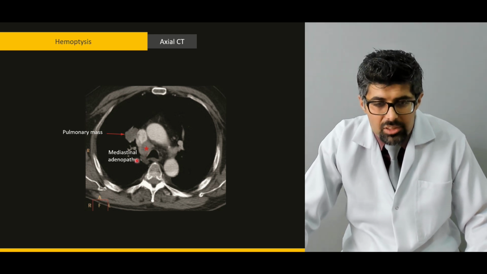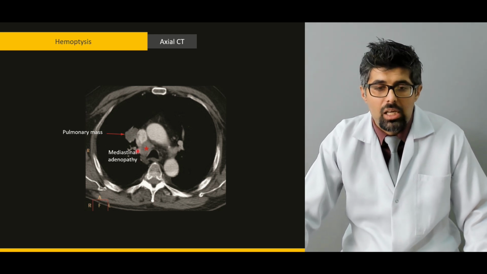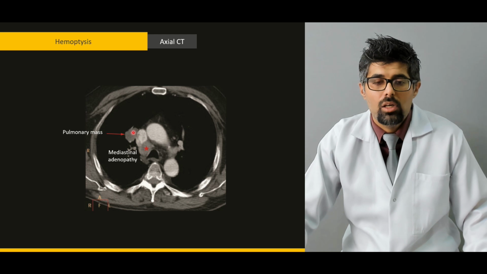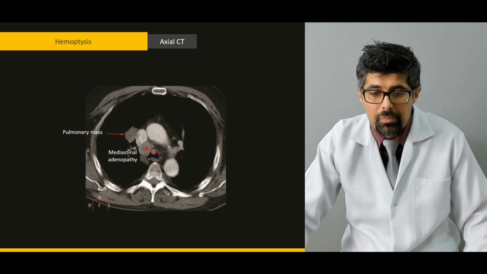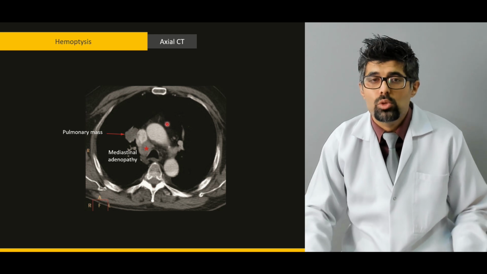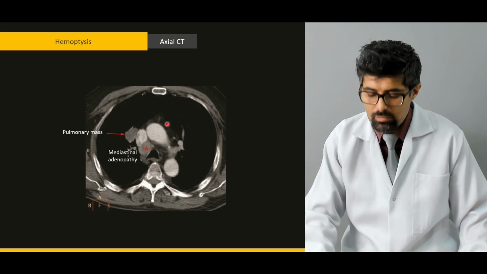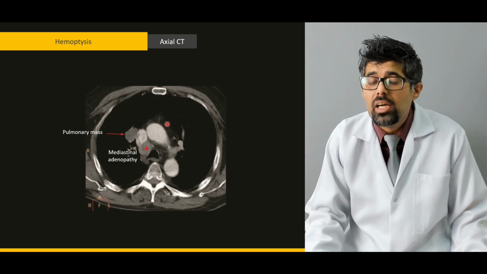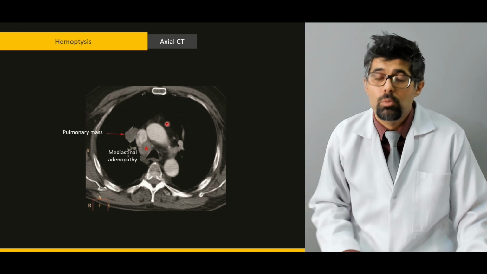Now, this mediastinal adenopathy is what is producing the blood, and this blood, along with blood produced by this pulmonary mass, gives rise to the hemoptysis which the patient is suffering from. So any mass in the lung field will produce hemoptysis sign.